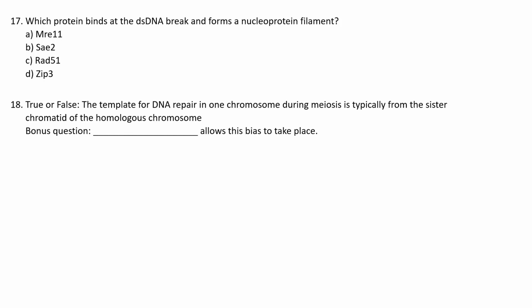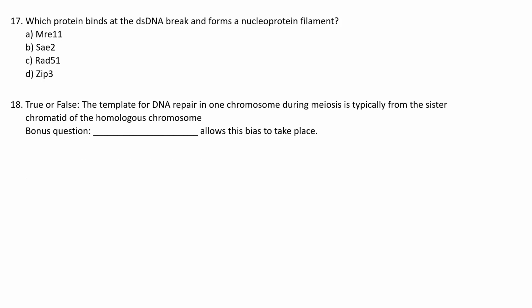The synaptonemal complex is what helps form those regions of recombination and helps align the two homologous chromosomes together, right? And it brings them really close to one another, and that's how it biases towards using the template from the homologous chromosome and not the identical sister chromatid of the same chromosome. So the answer to the bonus question is the synaptonemal complex.